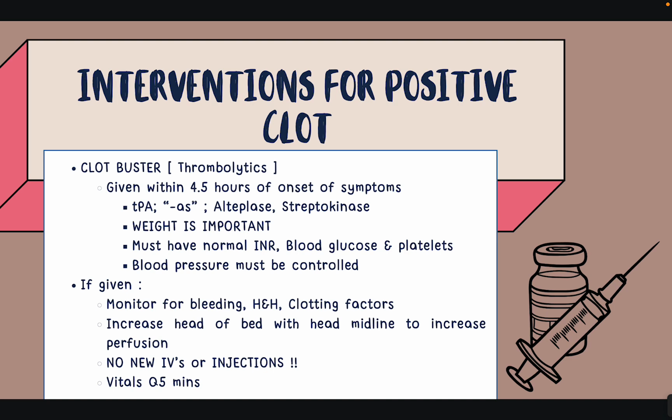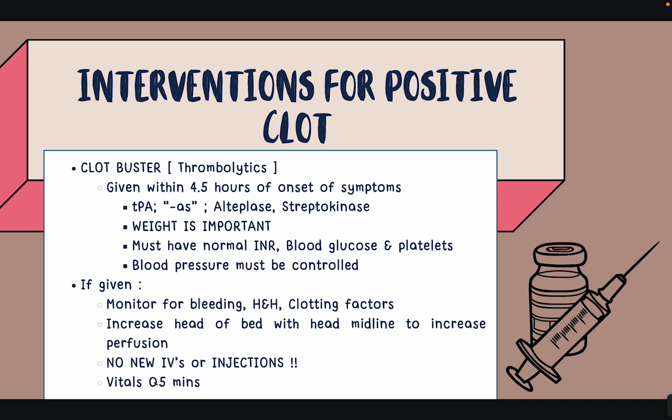Okay, it is very important that while you're going to CT, usually the stretchers are weighted, but make sure that you have an accurate weight for your patient prior to this medication, because it is a weight-based medication, and too little or too much of this medication could harm the patient. Okay, you also need to have a normal INR, a blood glucose, and platelets.